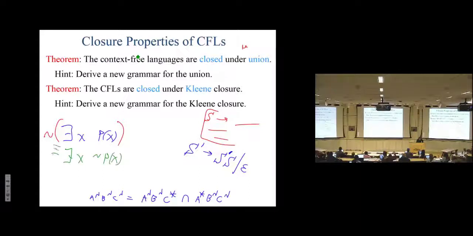Is that equivalent to that? No. How many see that it's not the same? But so what is it then? How would you negate that there exists? You have to go to the other quantifier. You have to go from the existential to the universal quantifier. Now you can say for all x, P doesn't work for x.